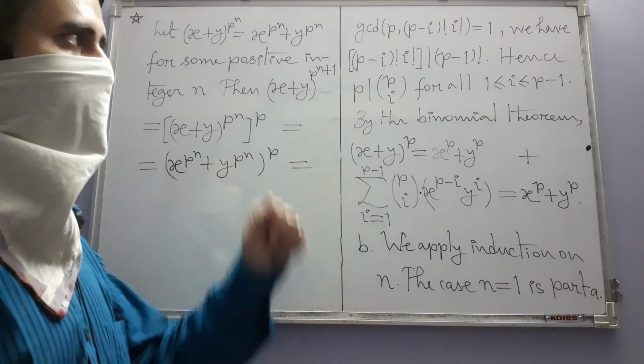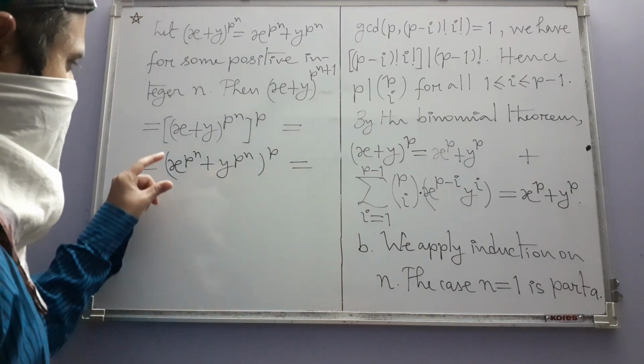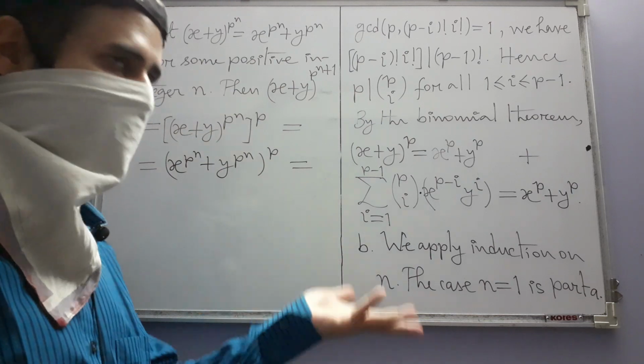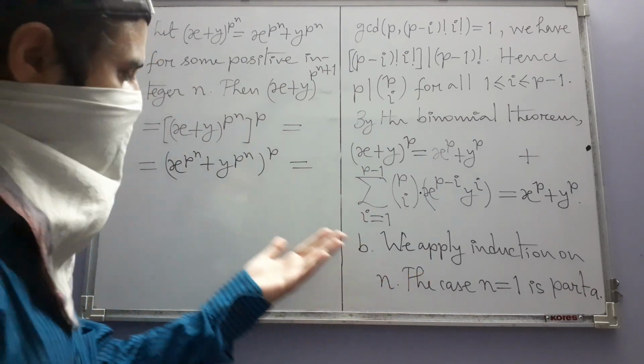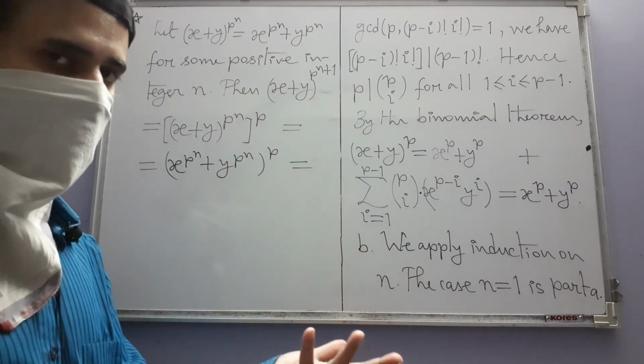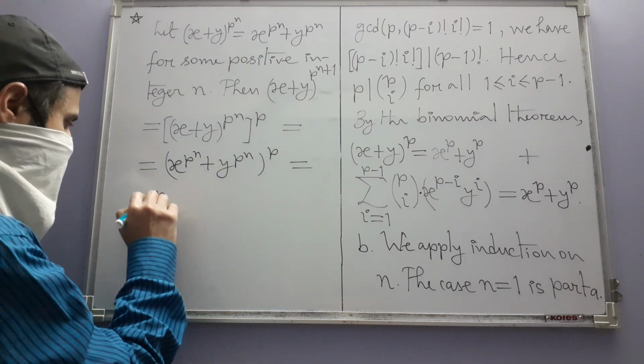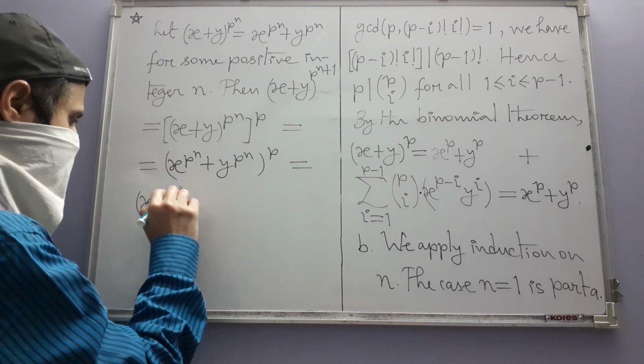Now you use part A, treating x to the power p to the power n as one element, say capital X, and this one as another element, say capital Y. So doing that, you get this.